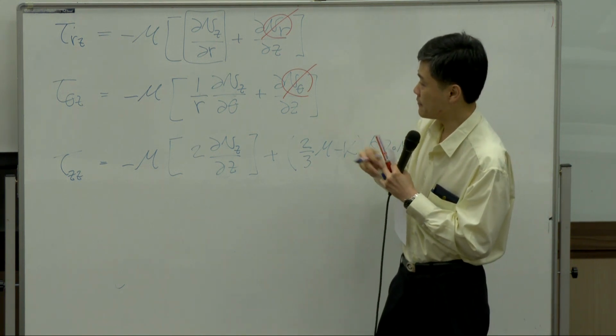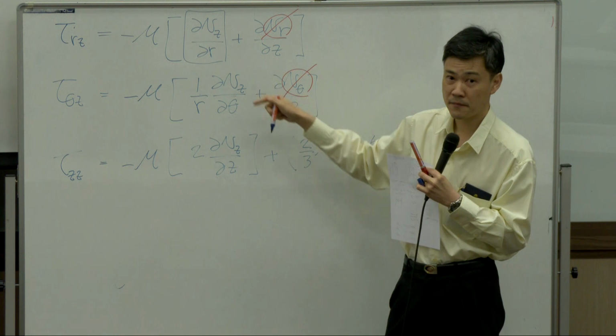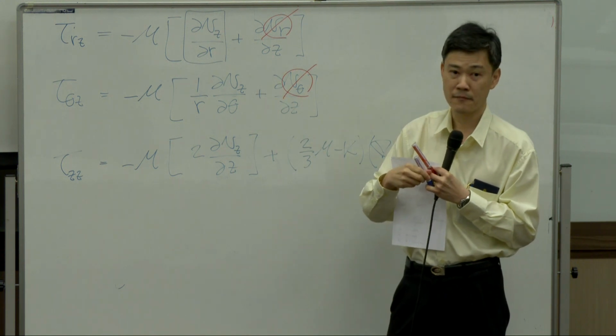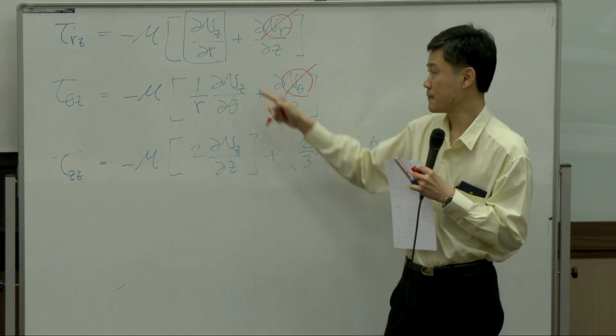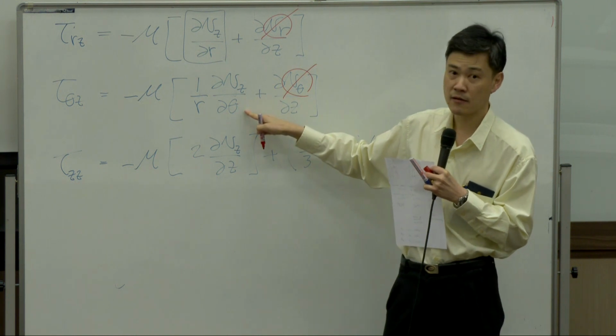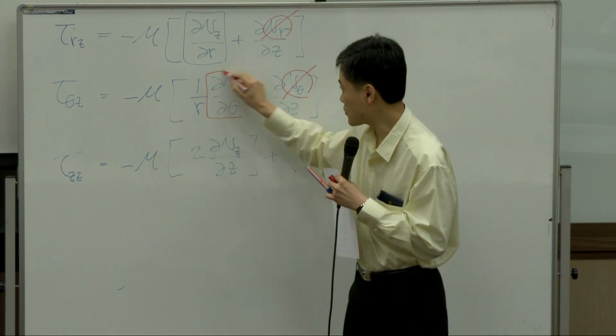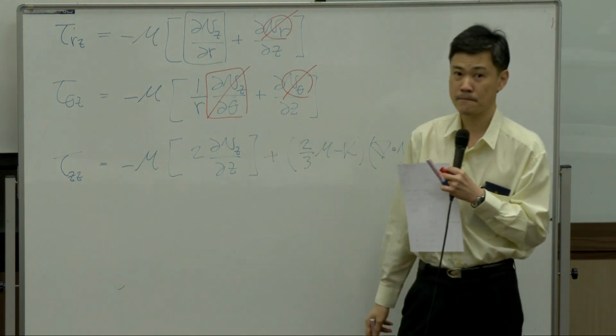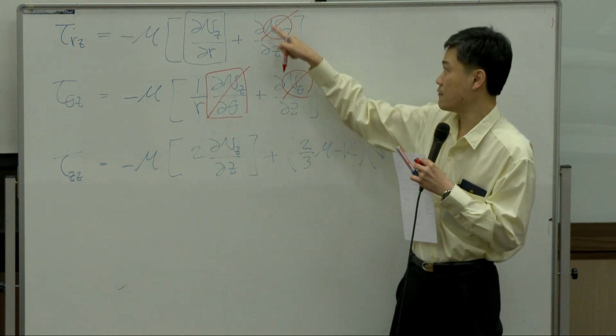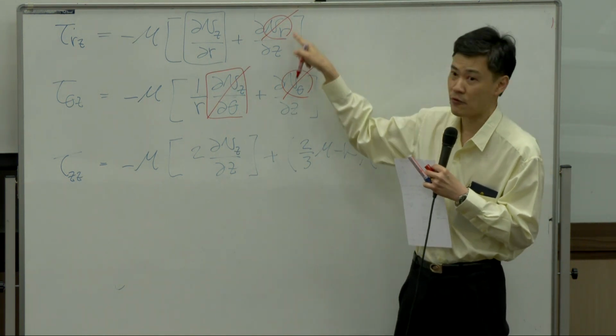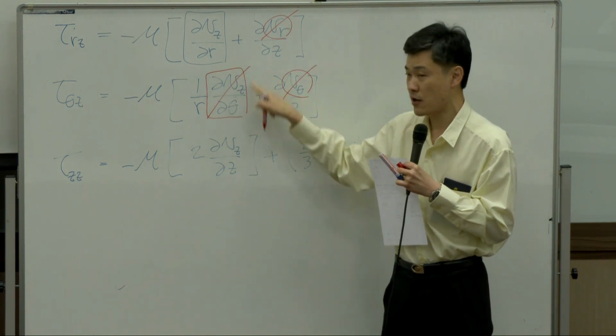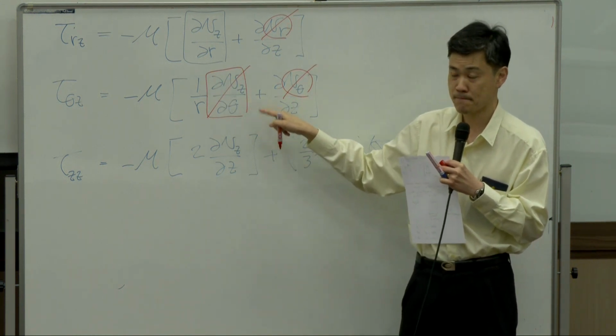What about this term? Is it 0? Is Vz a function of zeta? No. So the whole term here is 0. Please notice, this one, Vr itself is 0, so I highlight only Vr. This one, the whole term is 0. Okay?